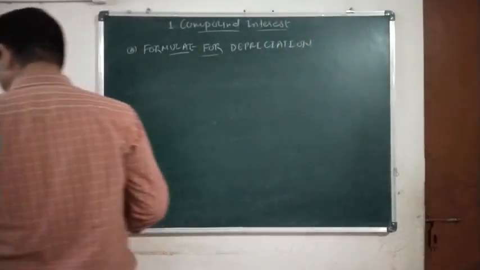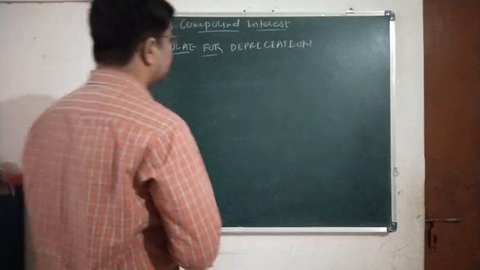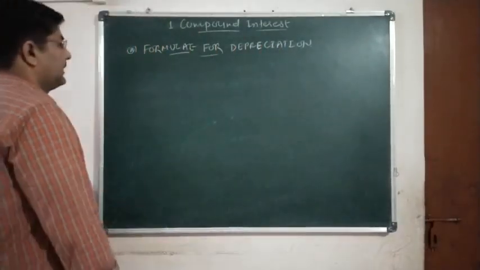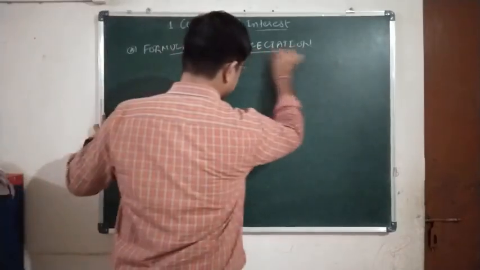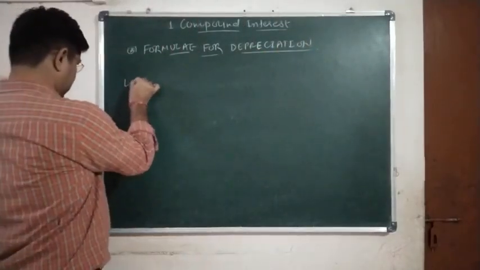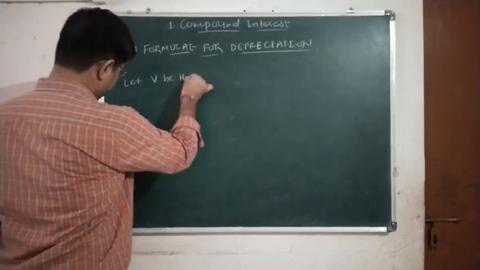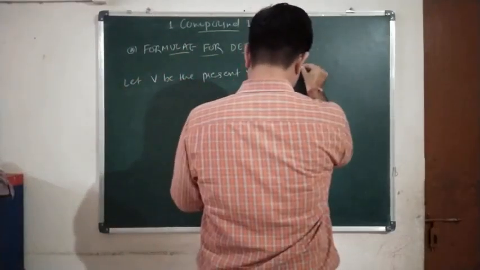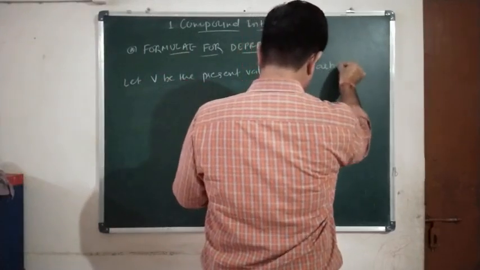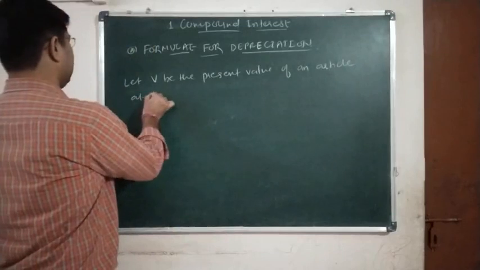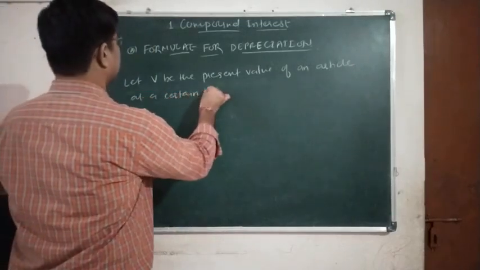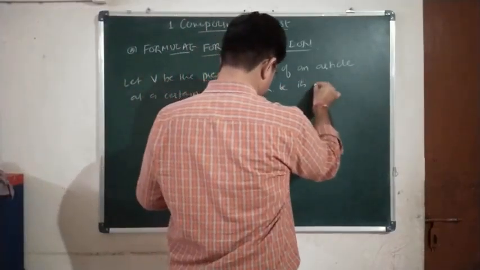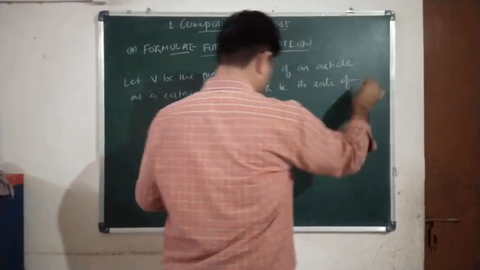Formula for depreciation. Let V be the present value of an article at a certain time and R be its rate of depreciation.